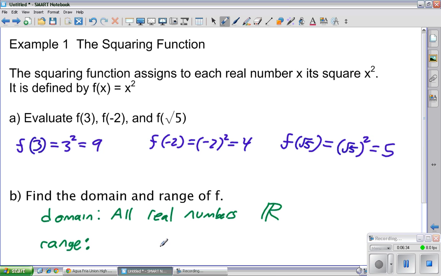You can really get just about anything. The only thing that you won't get when you square is you can never get a negative number, because negative times a negative is positive, and positive times positive is positive. So there's no negatives.